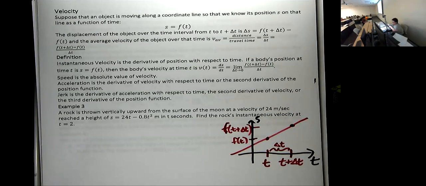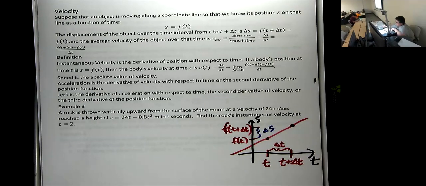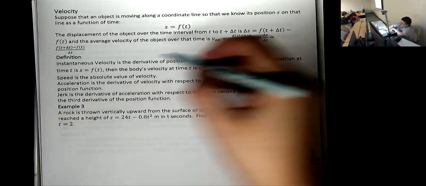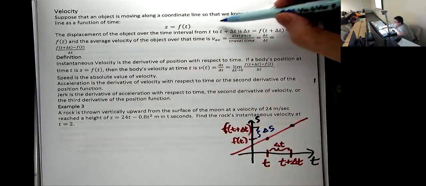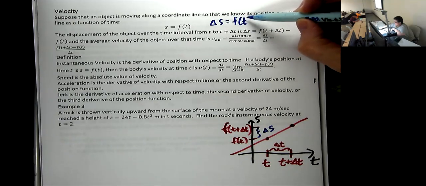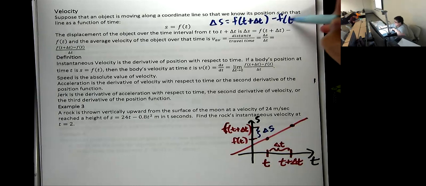If we want to find this difference, this delta s, delta s is going to be f of t plus delta t minus f of t. Subtraction is how you find distance: you subtract one length from the other.